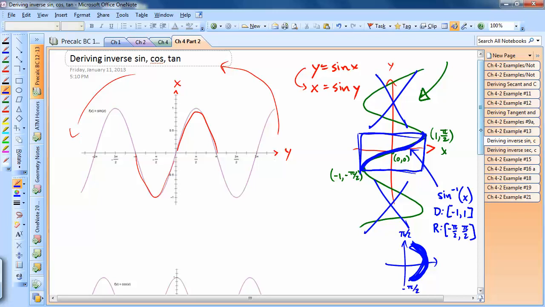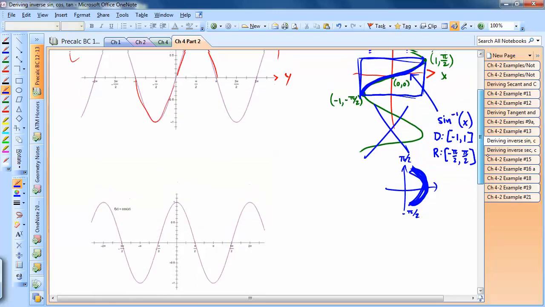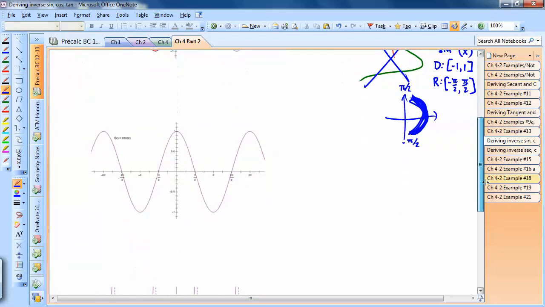Okay, so scrolling down, if we do the same sort of deal with cosine, if you flip around the graph, so right now this is x and y, and if I rotate them and make the inverse, x equals cosine y instead, that's like switching the axes. So this becomes the y and this becomes the x-axis.